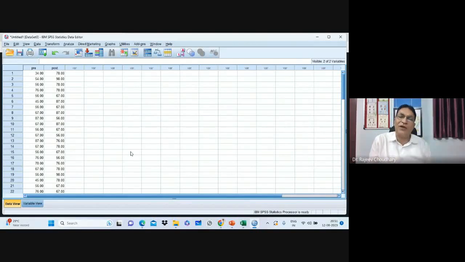In the first column, we enter the score for pre. In second column, we enter the score for post. There is no need to give values or labels. Is it okay? Okay, sir. It's very easy to enter the scores in case of paired t-test in SPSS in comparison to independent t-test. There we have given the value as well as labels.